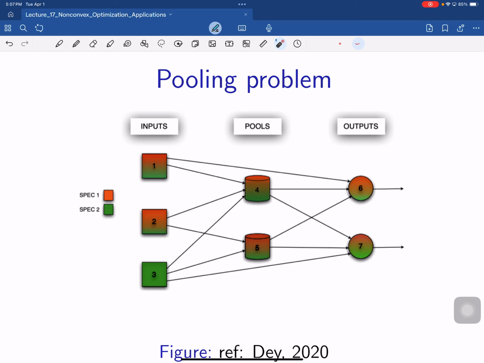And then you are going to mix those initial materials in the pools, right? So 4 is made by mixing 1, 2, and 3, and then you got a slightly different composition for 4, right? And later on, you could send 4 to the final tanks to make products, okay?